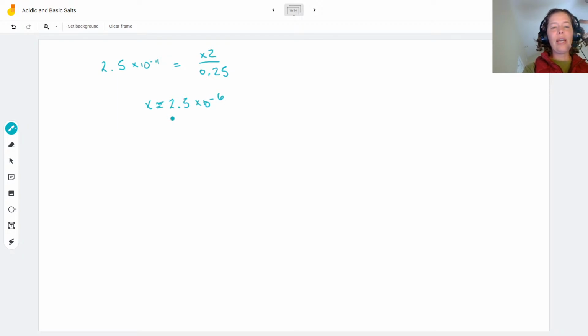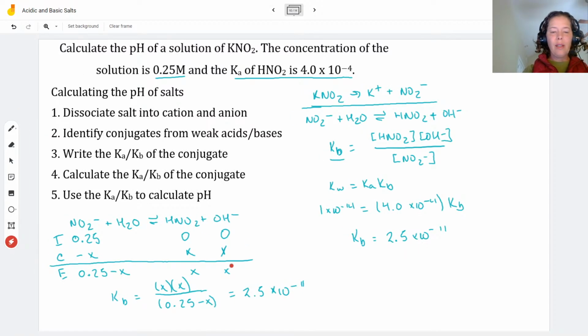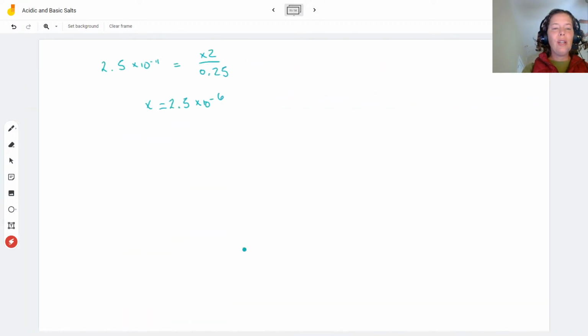Okay, as always, it's great to get a value here, but what does x mean? We need to go back to our ICE table and see what x means. So x is our concentration of nitrous, but really I'm focused on this, our concentration of hydroxide. So our hydroxide is going to connect us with pH.